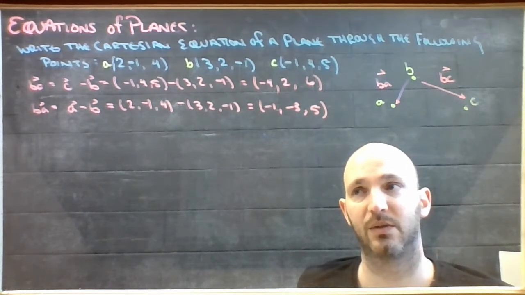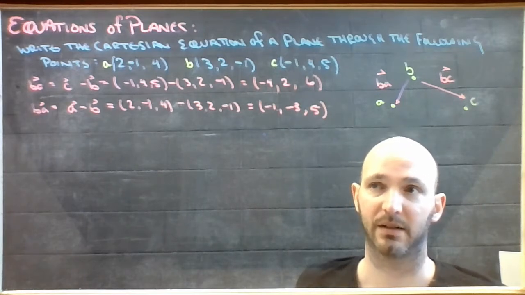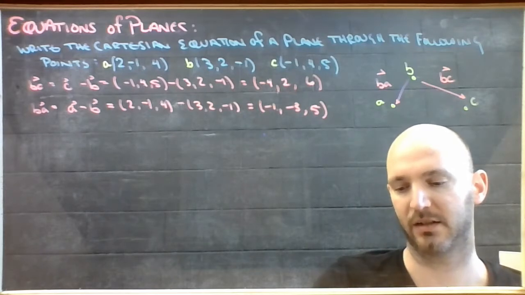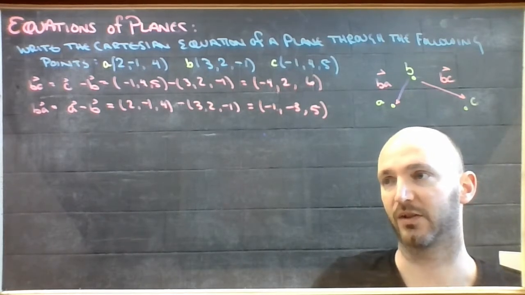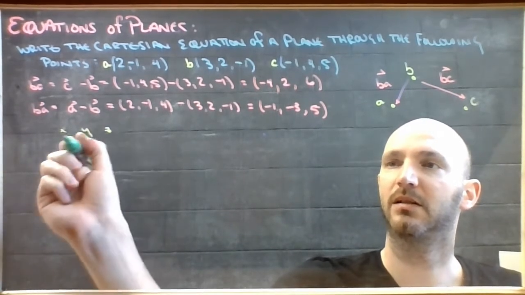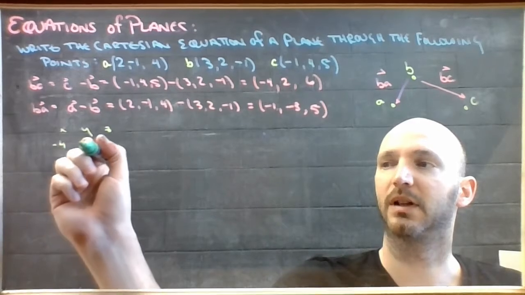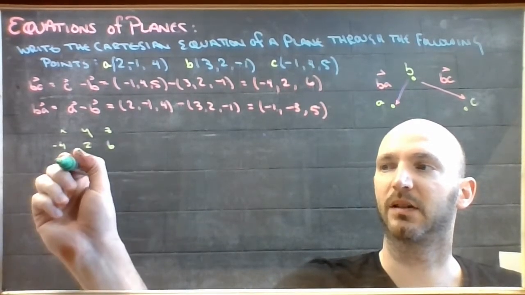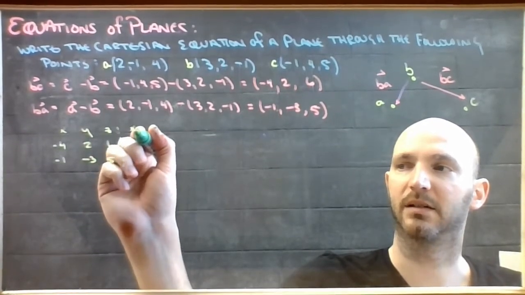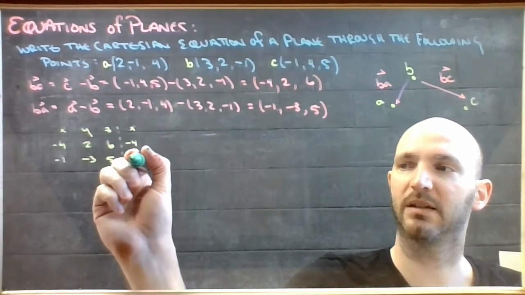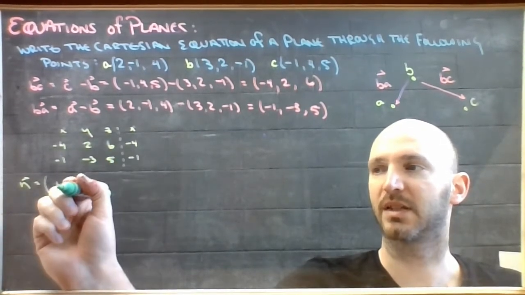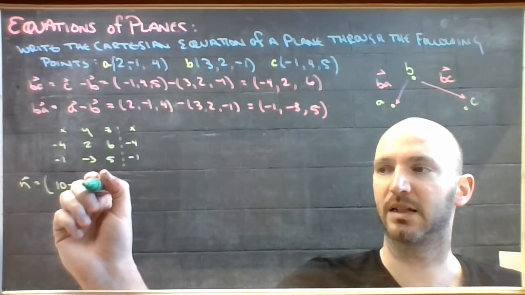So I just need to cross product them in order to get a normal vector, and then once I have the normal, I can get my Cartesian equation. So crossing those 2 direction vectors, -4, 2, 6 and -1, -3, 5. My normal vector would be 2 times 5 is 10, subtract -18, which is 28.